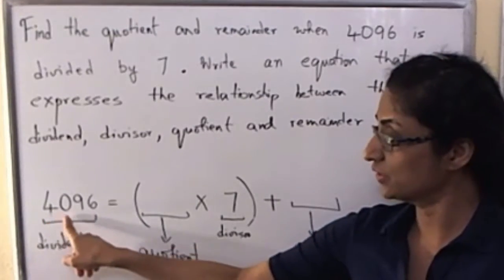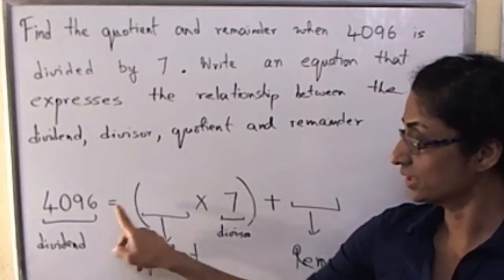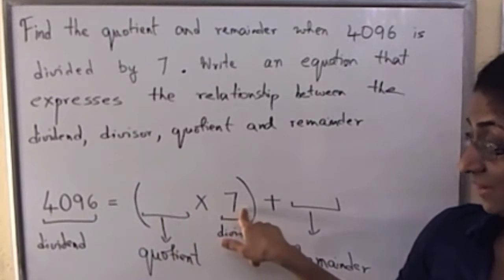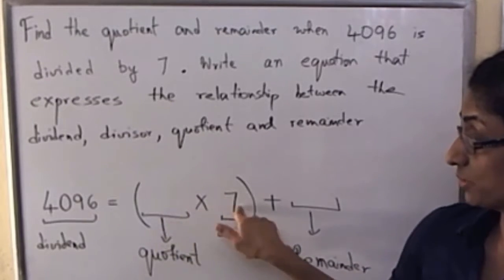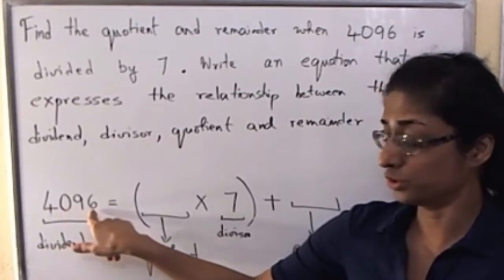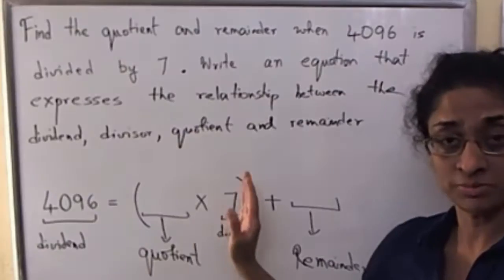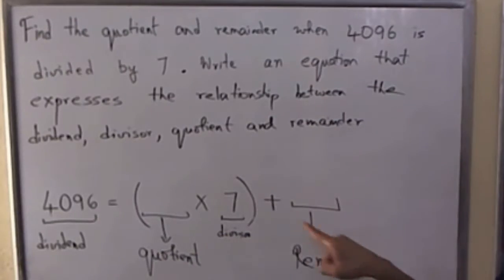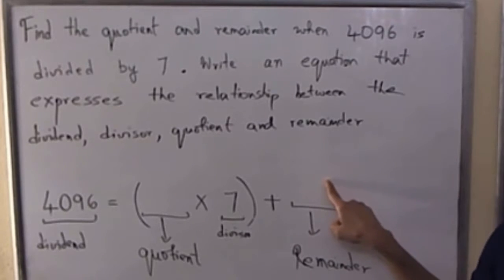We write 4096 equals the maximum number of multiples of 7, so that number times 7, and if that many copies of 7 doesn't quite get you up to 4096, how many numbers you're away from 4096 gets recorded here as the remainder.